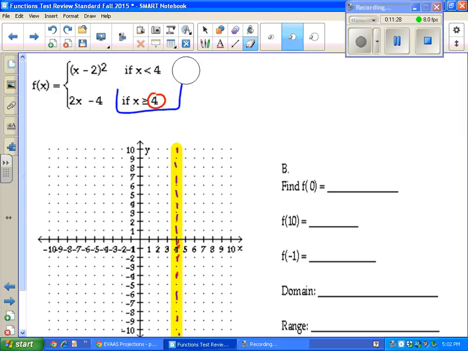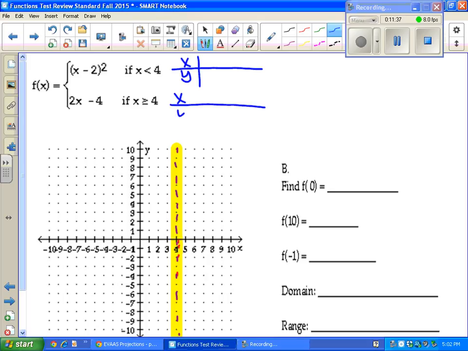Next thing I do is I'm going to find my x and y table. Since 4 seems to be the number, I'm going to do an x and y table for the first piece and an x and y table for the second piece. Imagine a number line and 4 in the middle. These are numbers less than 4. These are numbers greater than or equal to 4. So less than 4, I'm thinking about 3, 2, and 1.